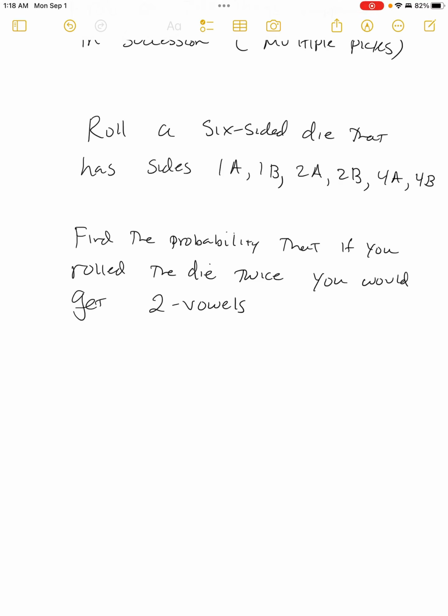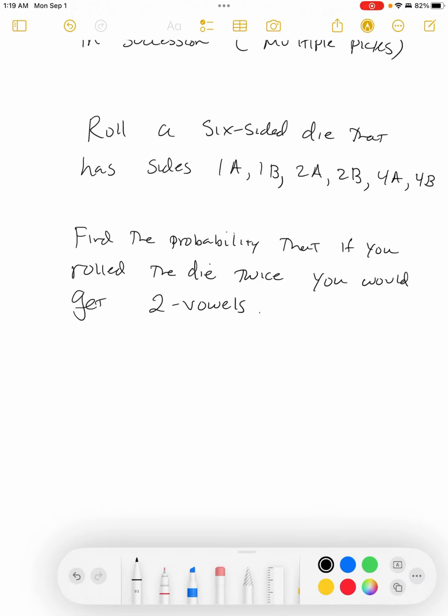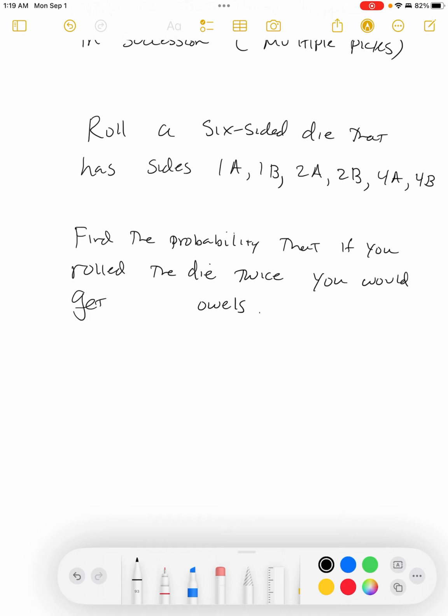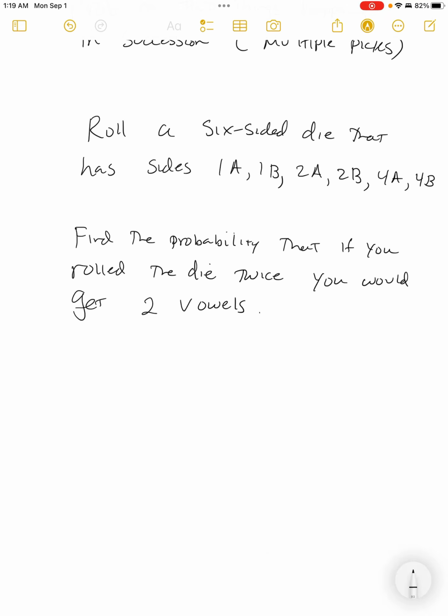Okay. So, that's what we're being asked to do, is find the probability that we get 2 vowels out. So we know what vowels are, A, E, I, O, U. They've been using that language of vowels and consonants for a little bit now. And so we're a little bit familiar with that.